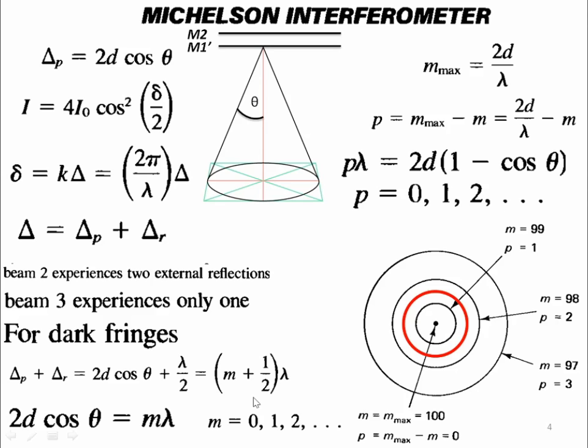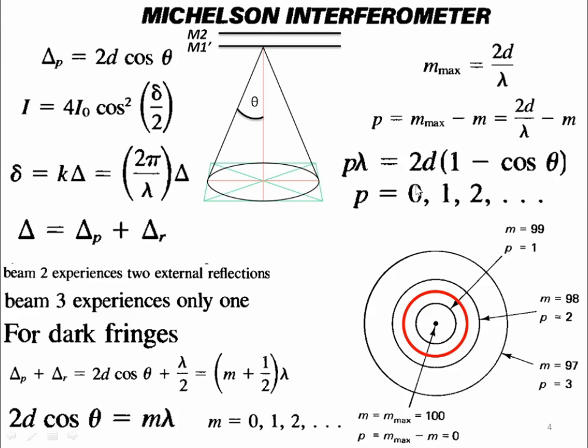So nothing to confuse. This has to be an integer whenever we are referring to a specific condition of either being on a dark fringe or being on a bright fringe. But whenever we are switching from one fringe to another, m can change as a real number. That's the thing which we want to notice here.